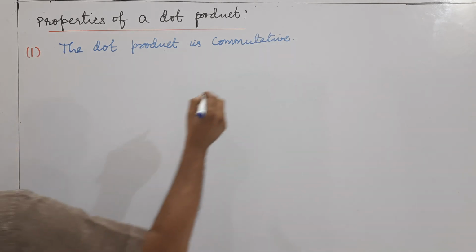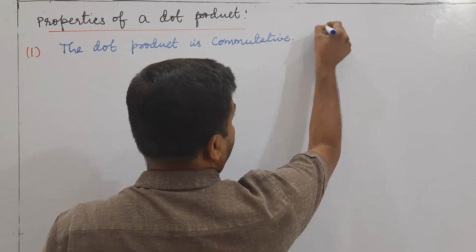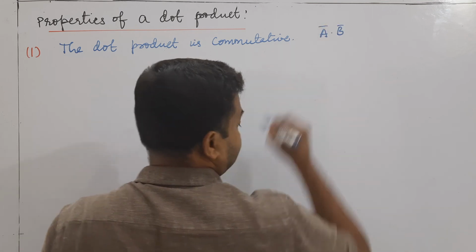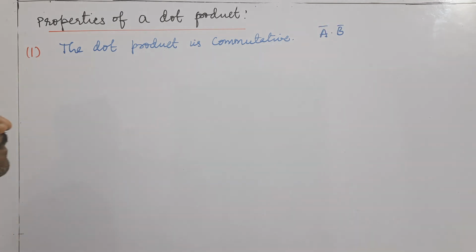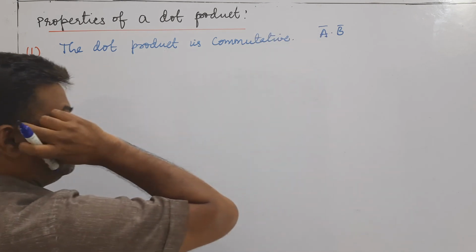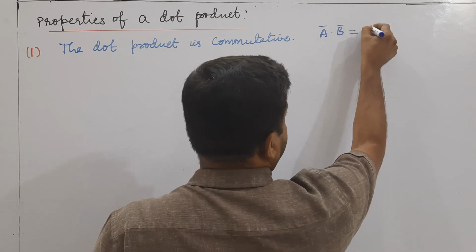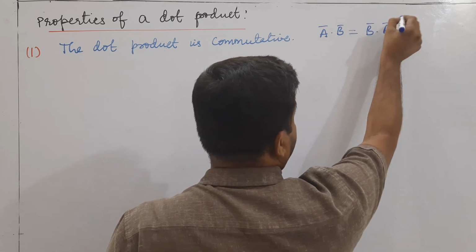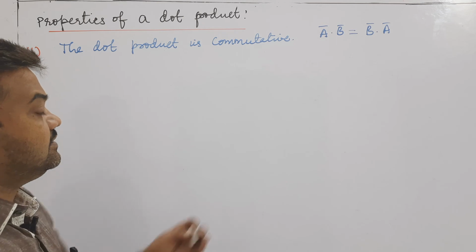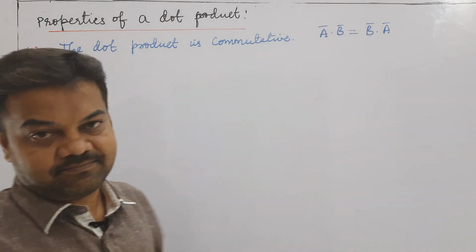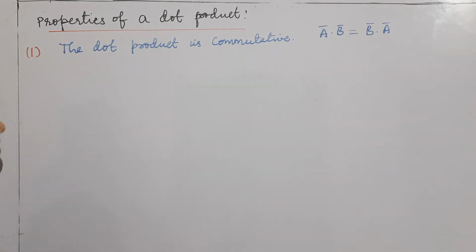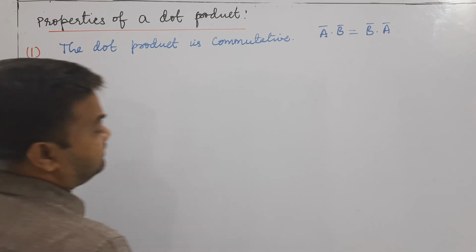That means if A bar dot B bar is there, and if I do B bar dot A bar also, the product of this one and this one are both the same. That is the commutative law: A bar dot B bar is equal to B bar dot A bar.